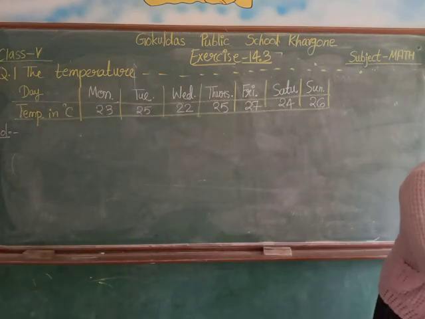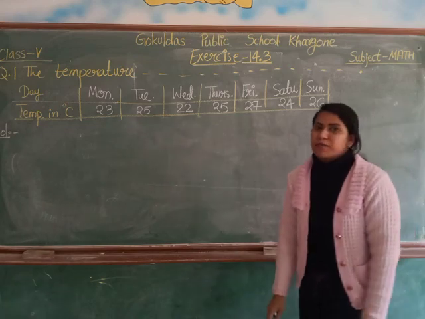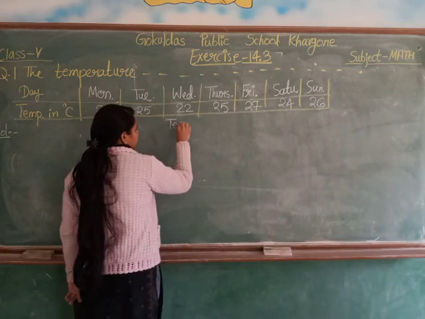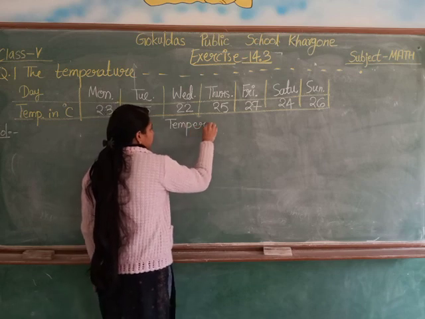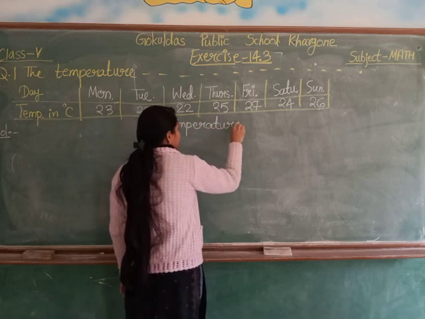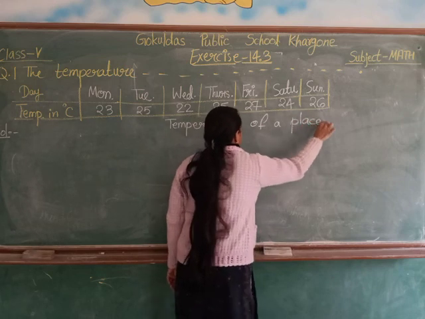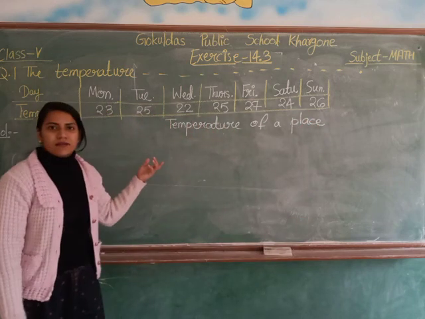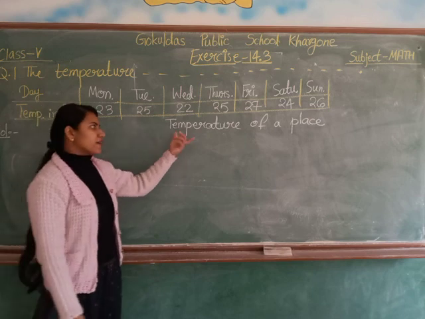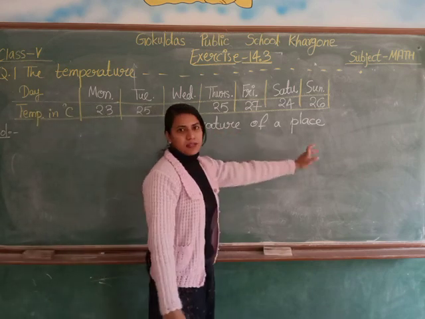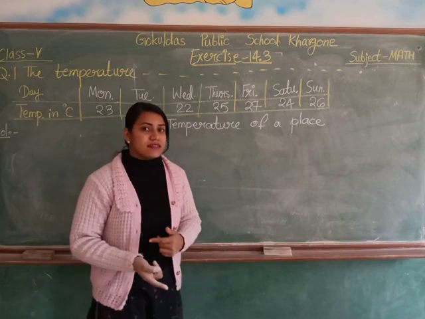It is given in your question: temperature of a place. On graph paper you will write the title first: Temperature of a place. Now what is the next step?